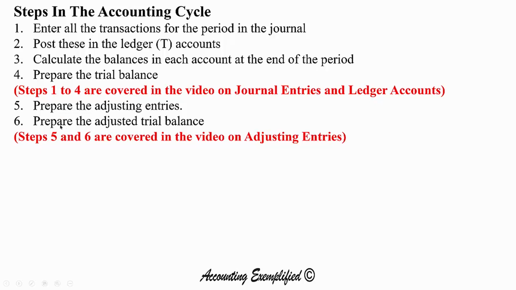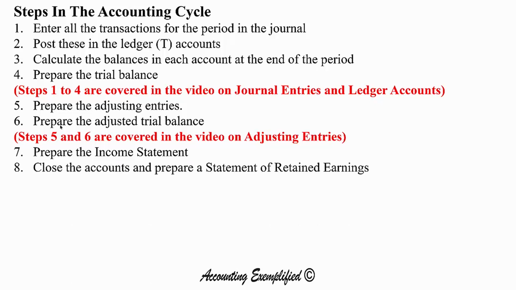Now, once the adjusted trial balance is prepared, the company is ready to prepare its financial reports. From the account balances listed in the adjusted trial balance, first the company prepares the income statement, and then it closes the temporary accounts, which are revenues, expenses, and dividends.